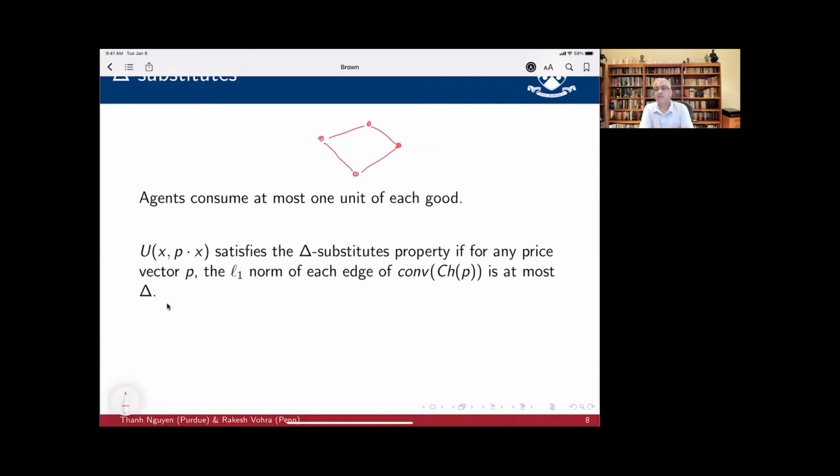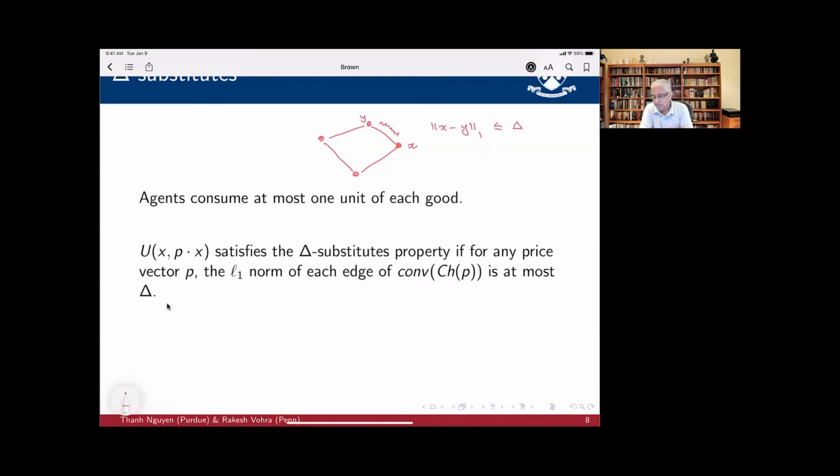That's the convex hull of your choice correspondence. And the condition that I am imposing is that if I look at any edge of the convex hull, so this is bundle X and this is bundle Y, then the L1 norm of that edge is at most delta.